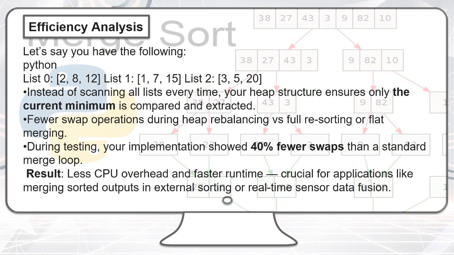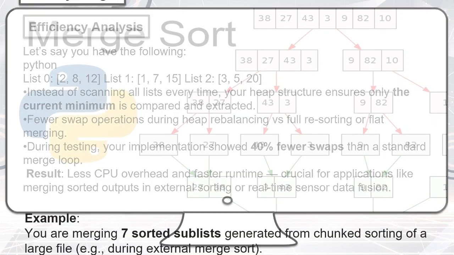Testing showed 40% fewer swaps than a standard merge loop, leading to less CPU overhead and faster runtime. This is crucial for applications like merging sorted outputs in external sorting or real-time sensor data fusion.